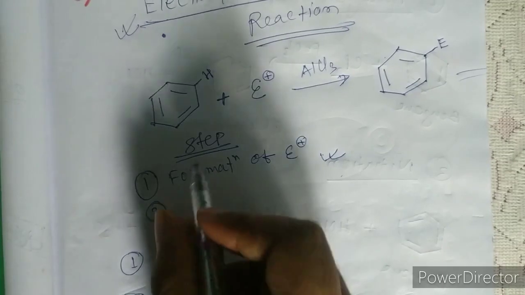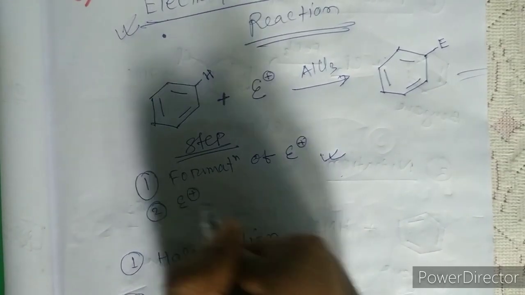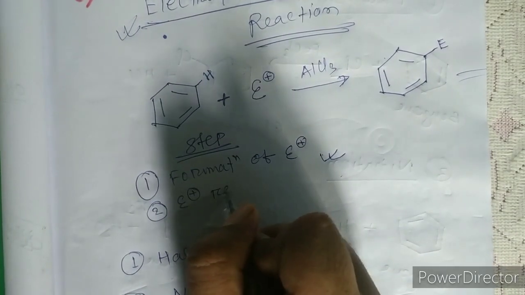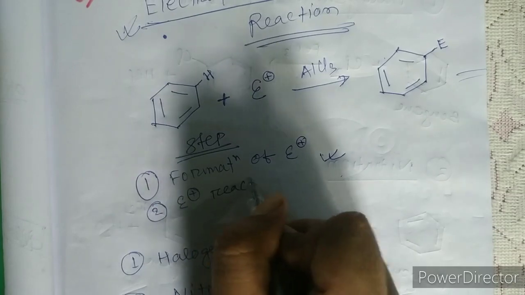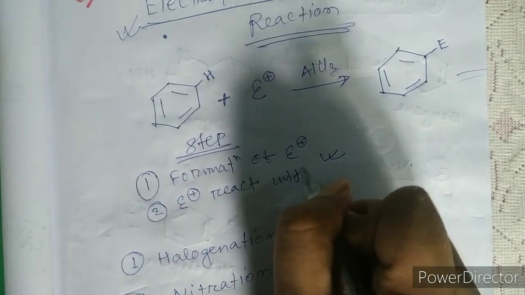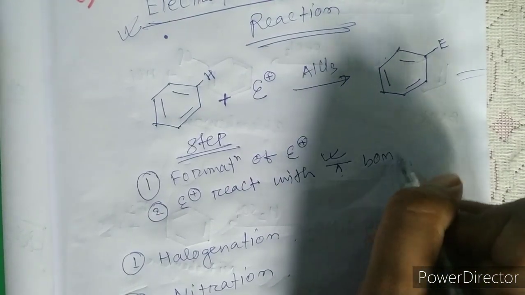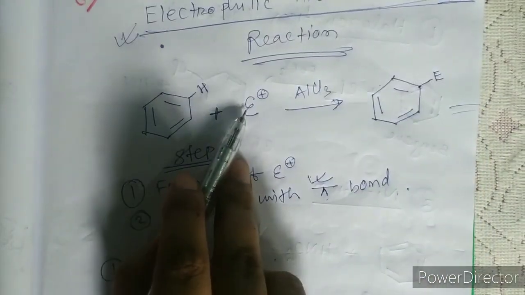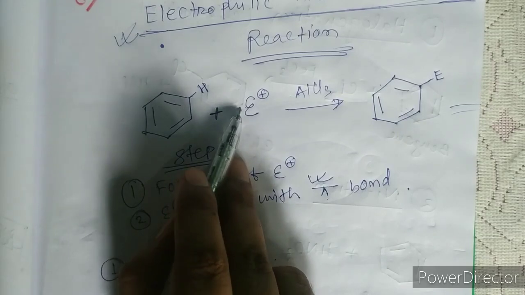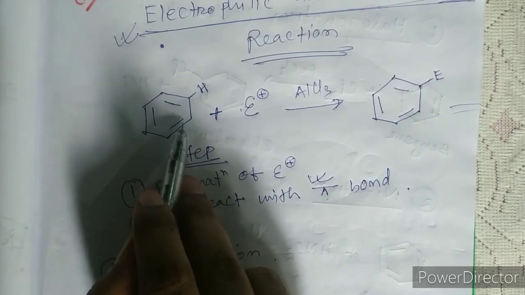So the second step is the electrophile reacts with the pi bond. Whatever electrophile is produced here will come and react with this pi bond, or any pi bond.